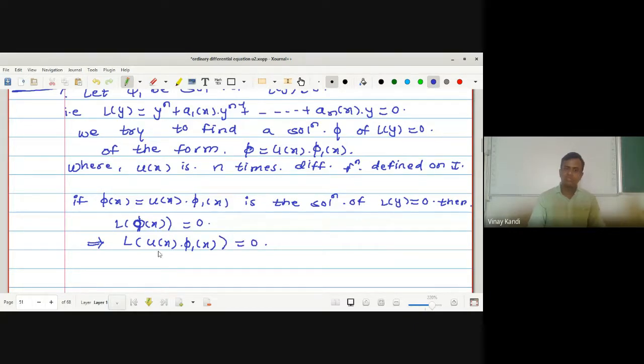Okay, now put u of x into phi 1 of x in this nth order equation.